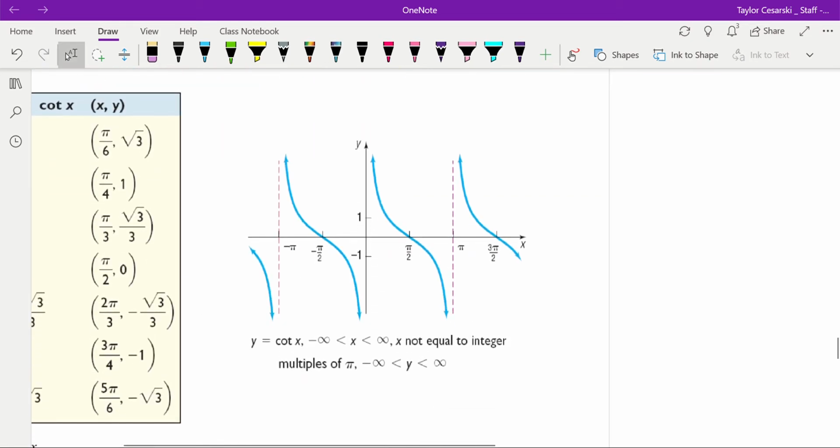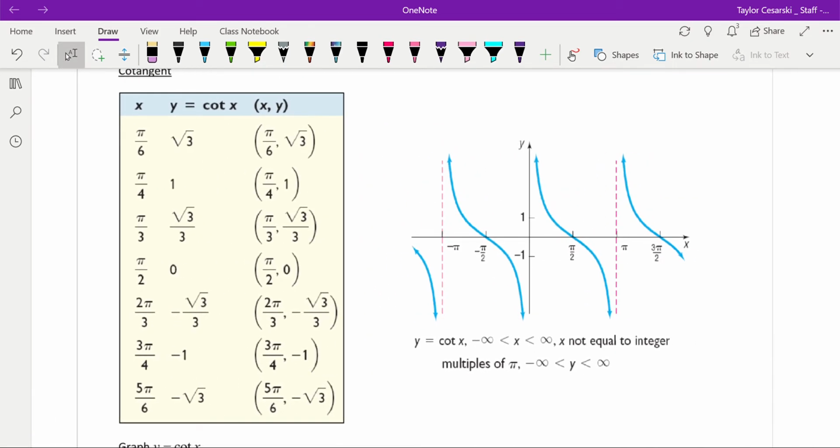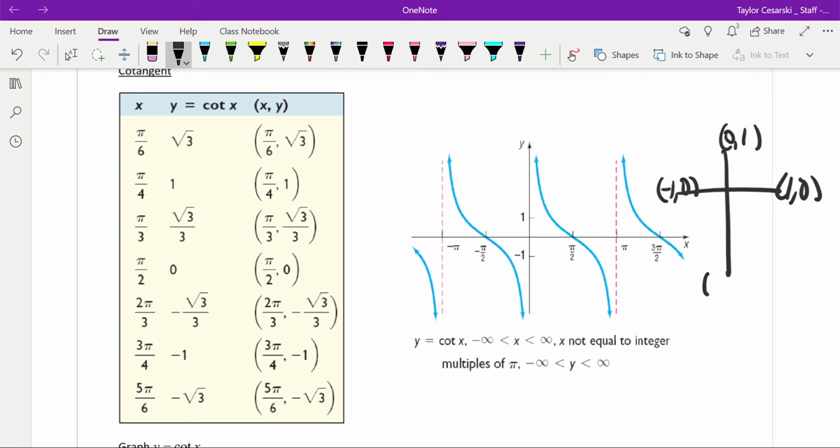All right, so cotangent is very similar. If we think about where cotangent is undefined, it's going to be the opposite of where tangent is undefined.